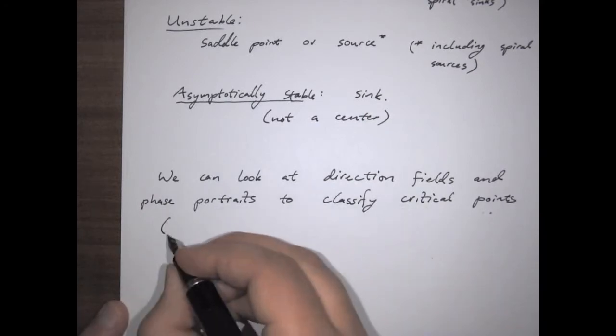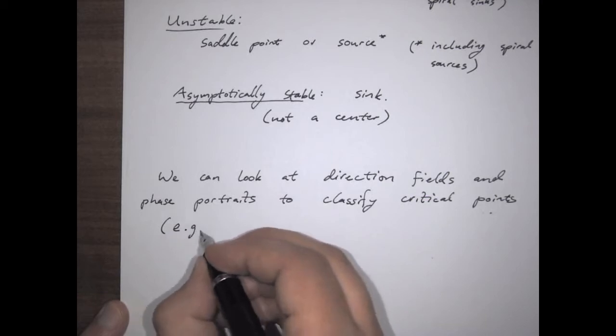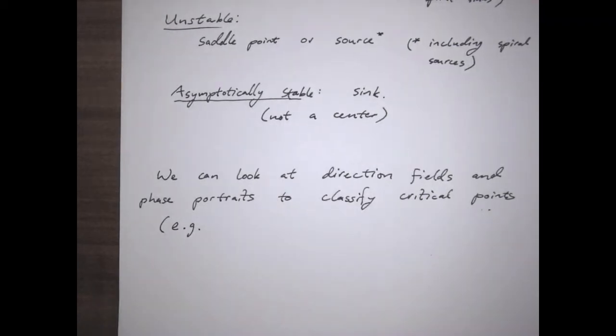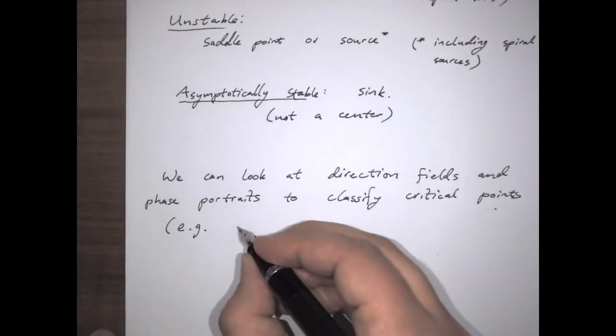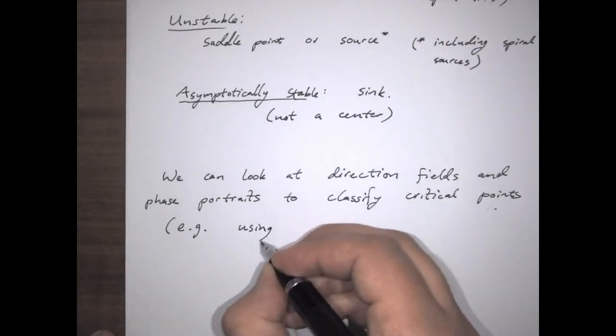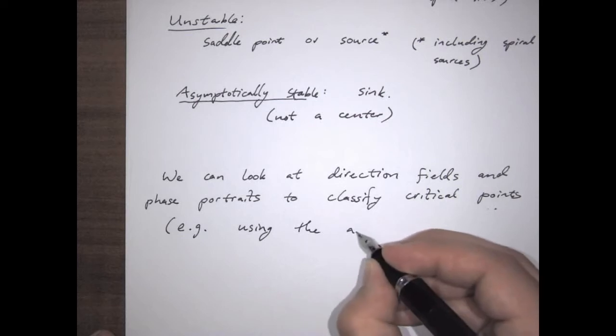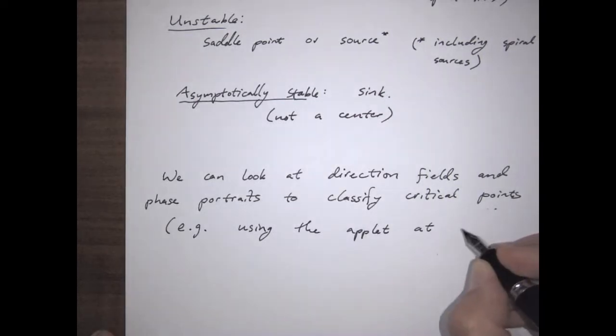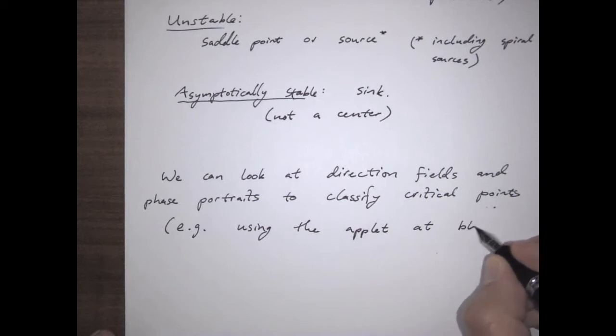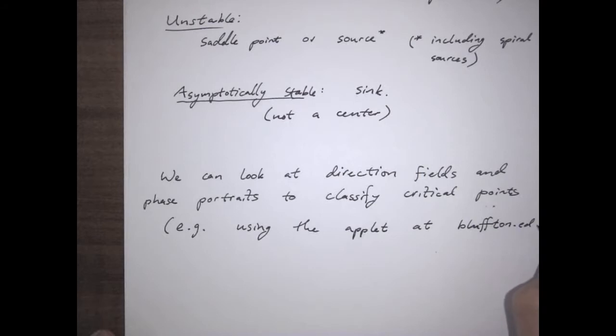And the easiest way of doing this is by using an applet such as the Bluffton applet or a calculator. For example, using the applet at bluffton.edu or a calculator.